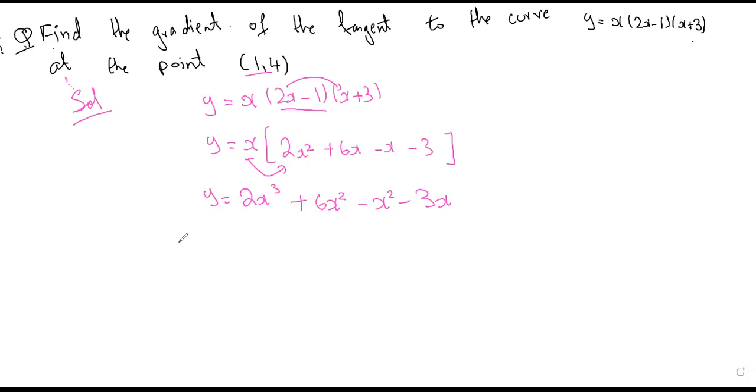Okay. So first we'll find the derivative, that would be dy by dx. I'll just simplify this. This would become 2x cubed plus 5x squared minus 3x.